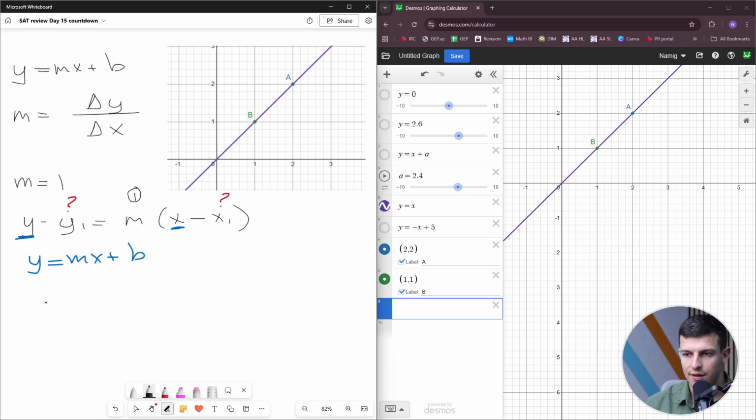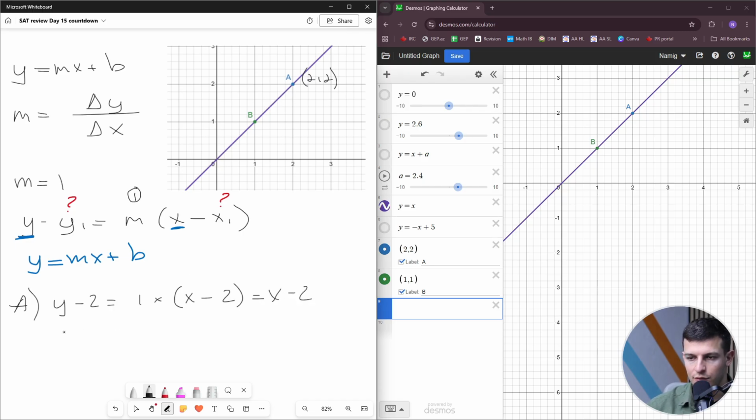Okay, so let's take a look. All right, I'm going to take point A here, so 2 and 2. Let's plug it in. y minus 2 equals m, which is 1, times x minus 2. I'm going to do a bit of algebra here. 1 multiplied by x minus 2 is still x minus 2.